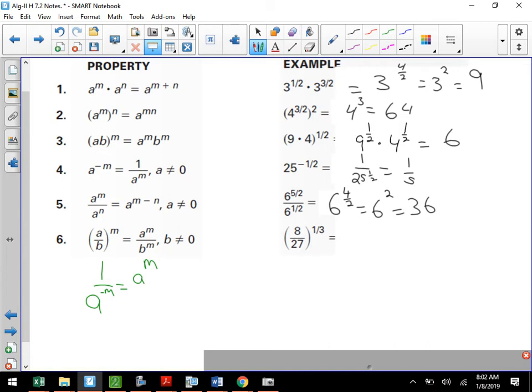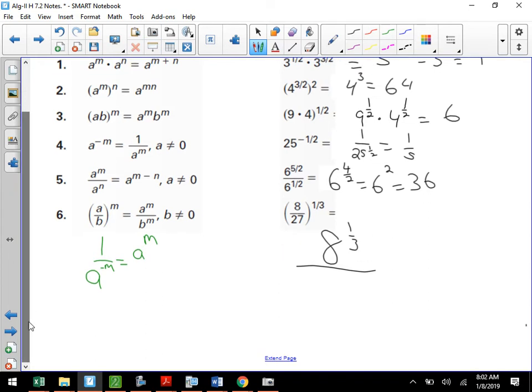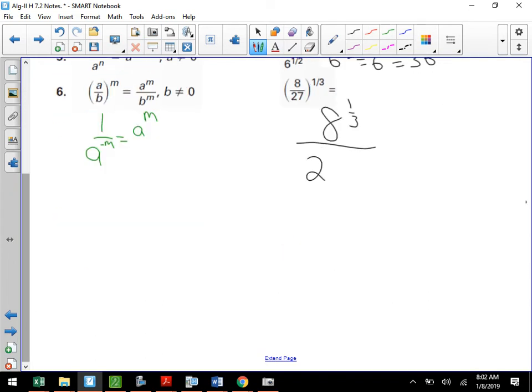So this becomes 8 to the 1/3 over 27 to the 1/3. You get 2 thirds. Not so bad.